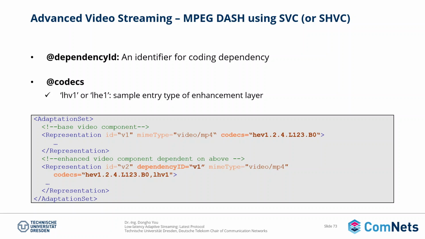However, the enhancement layer cannot be decoded without the base layer. This means that the enhancement layer should be decoded on top of the base layer. Since the second representation depends on the first one, we have to put the dependency ID in the enhancement layer.